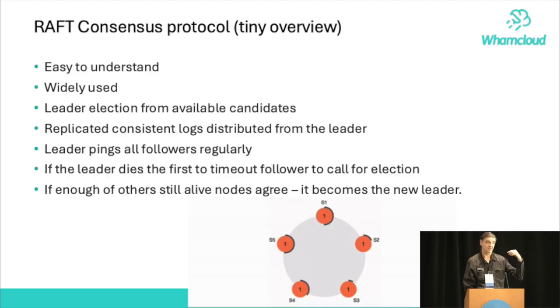If any of the followers times out on this timer without receiving a ping, then it will decide that the leader must be dead, and it reinitiates the whole election, talking to whoever it can reach. They would either confirm that, yes, you are the new leader, or they say, nope, we still have the old leader, and it's just you that's the problem. So, pretty simple actually.